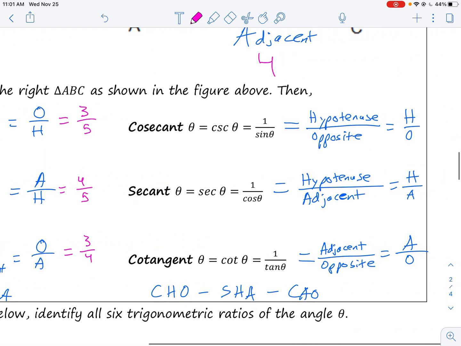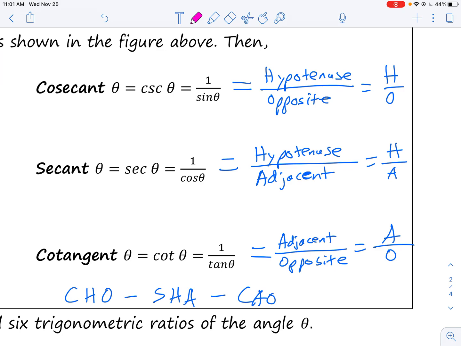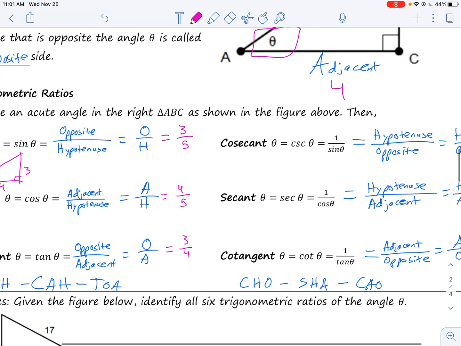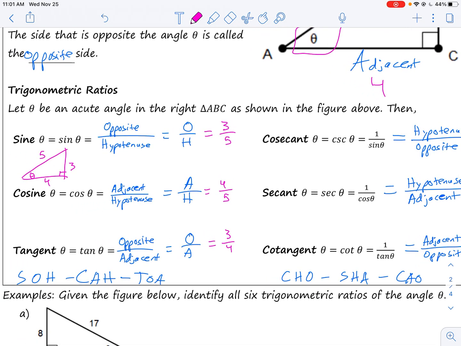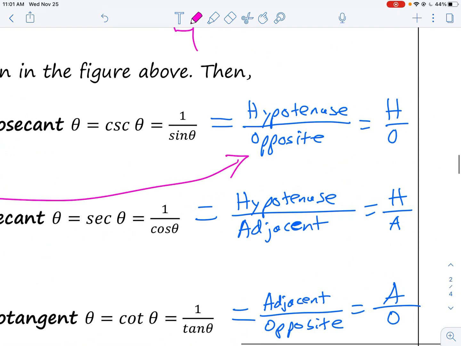There are 3 other trig ratios, and they're really similar to the other ones. In fact, they are just flipped versions of the ones to the left of them. So this one is cosecant, and its ratio is sine upside down. So instead of opposite over hypotenuse, it is hypotenuse over opposite.